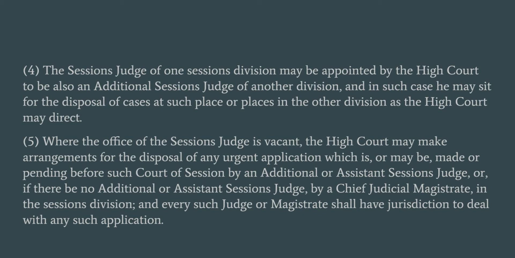Or in case there is no additional or assistant session judge, that power will be given to the Chief Judicial Magistrate in that particular district or session division. And every such judge or Chief Judicial Magistrate shall have the jurisdiction to deal with any such application. They will have the jurisdiction of the sessions judge.